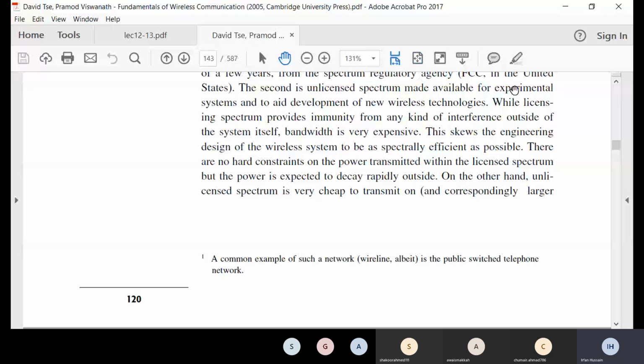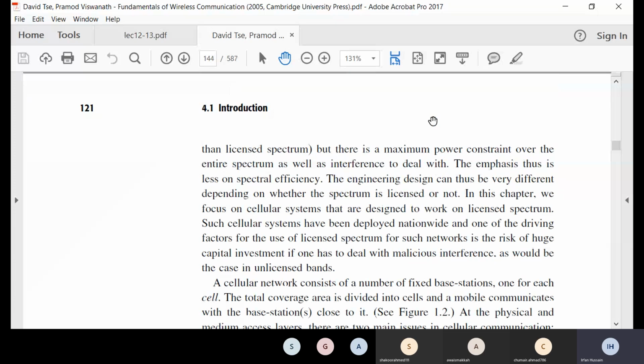This unlicensed spectrum is actually available for experimental systems, to aid in development of new wireless technology. So for every license we have these unlicensed spectrums.